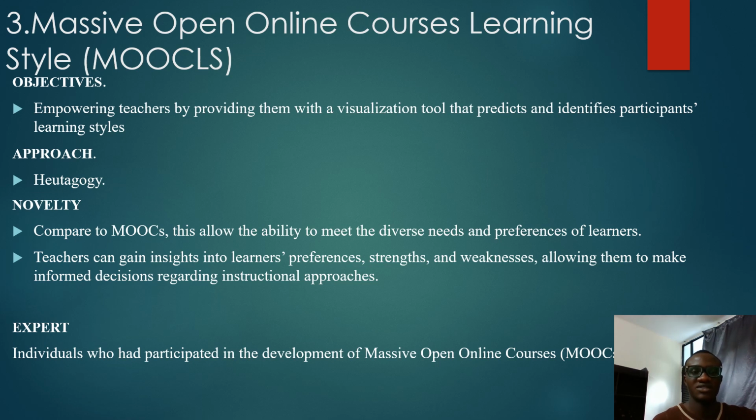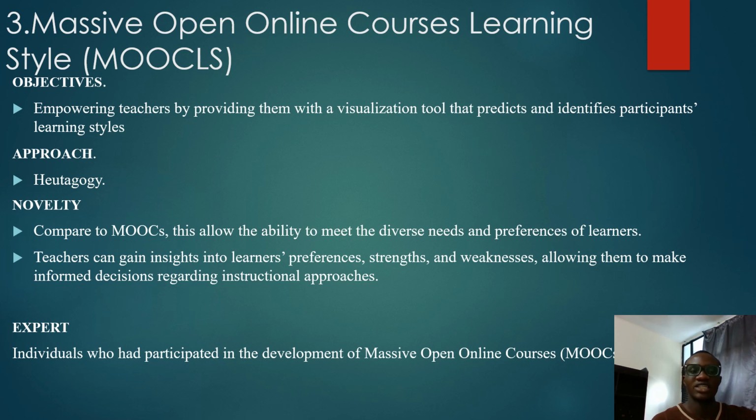The second novelty is that teachers can gain insight into learner preferences, strengths, and weaknesses, allowing them to make informed decisions regarding instructional approach. The experts for this product are the individuals that have used MOOCs.